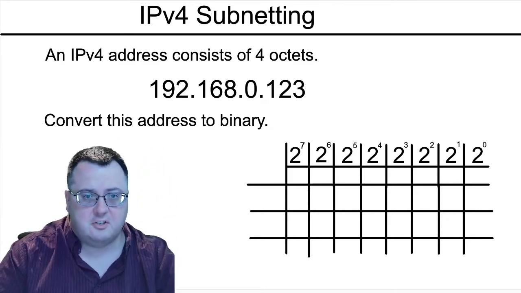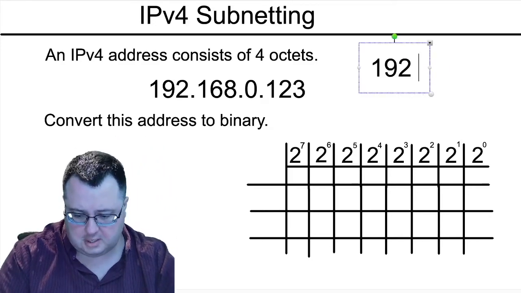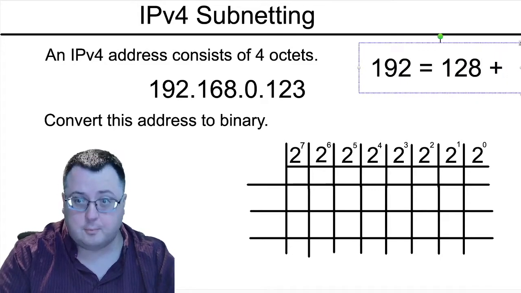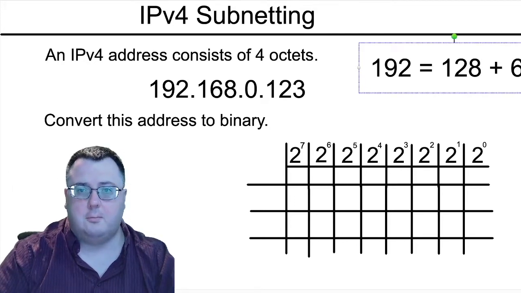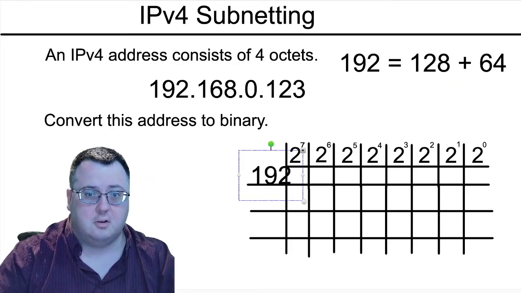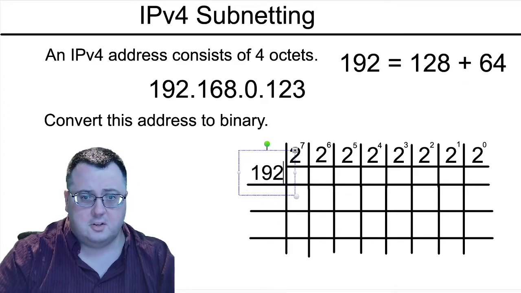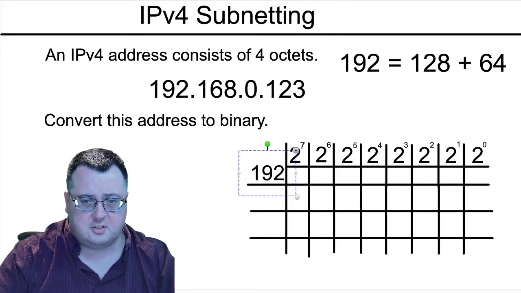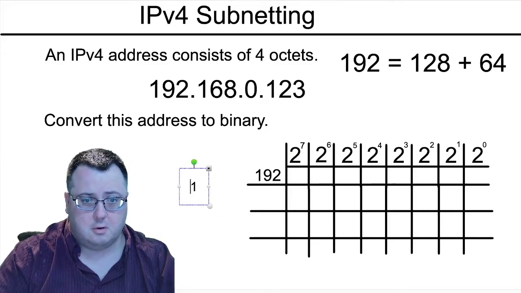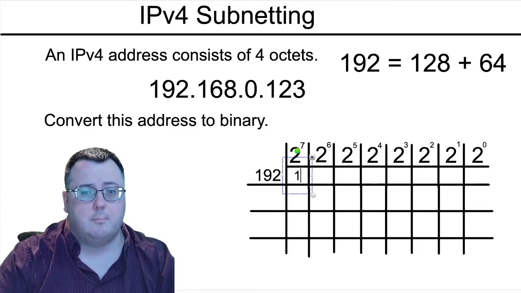So the first one is 192. 192 equals 128 plus 64. We should know that from what we were doing on a couple of slides ago. So 192 is the first of the 4 numbers, and we will get 1 in the 2 to the power 7 column.